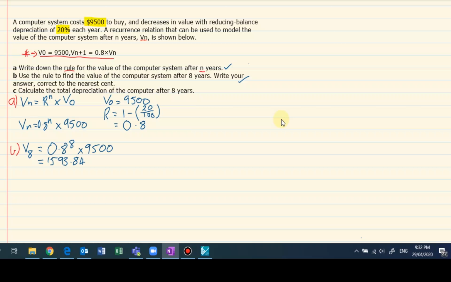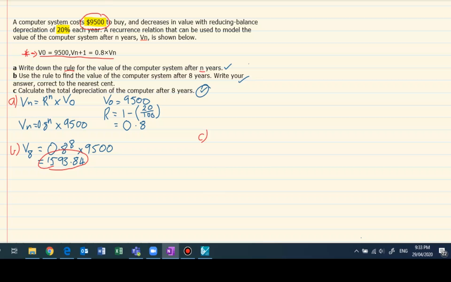Calculate the total depreciation of the computer after 8 years. So this is just asking you to apply what we already know about it. Part C, we're talking about the total depreciation. It's how much it's lost in value over that 8-year run. We've started at a value of $9,500 and it's now dropped to that after 8 years. The key is that that is not the depreciation.